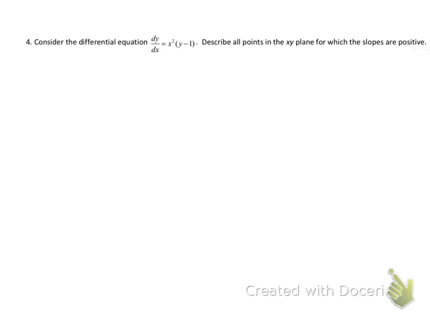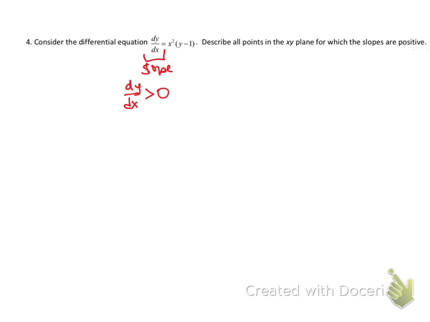For question number 4, I have a differential equation right here. This asks me to describe all points in the xy plane for which the slopes are positive. Keep in mind the slope is the dy dx. So we want to know when dy dx is greater than 0.